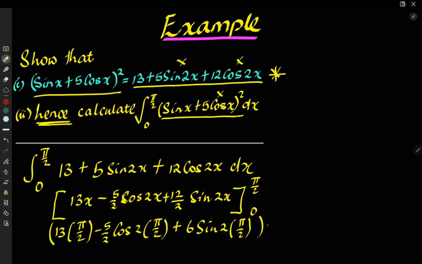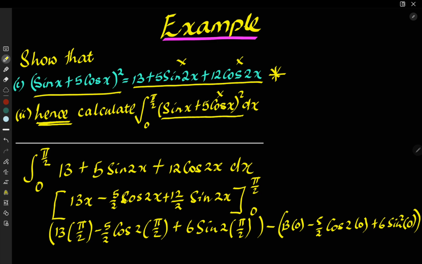Then we simplify that. Then we say minus the function of 0. So in this case, that will be 13 times 0, minus 5 over 2 cos 2 times 0, then plus 6 sine 2 times 0 as well.